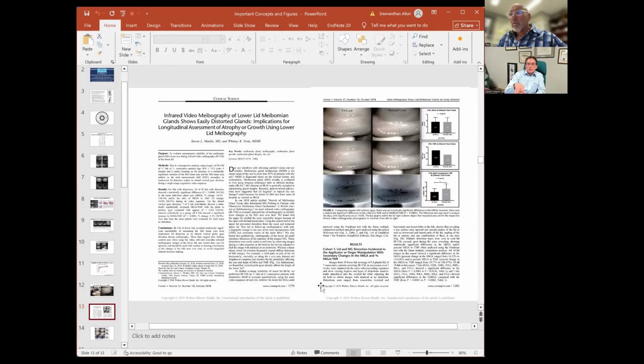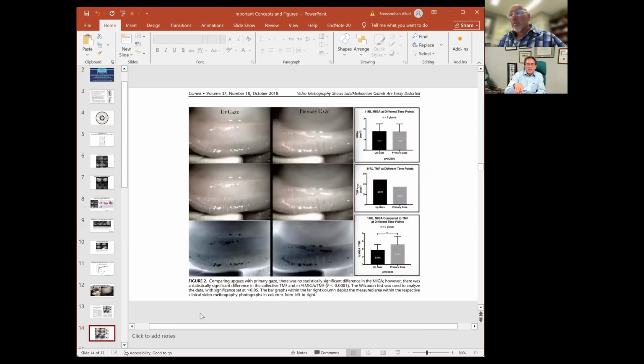And Claire will show the next slide just to give you an idea. This is, again, lower lid meibography, which, in my experience, has associated with it inaccuracies and artifact. This is one example. Not only can the way you hold the lid affect the appearance of the meibomian gland, but so can how the patient looks. In the left column it's up gaze, and the right column is primary, meaning straight ahead.